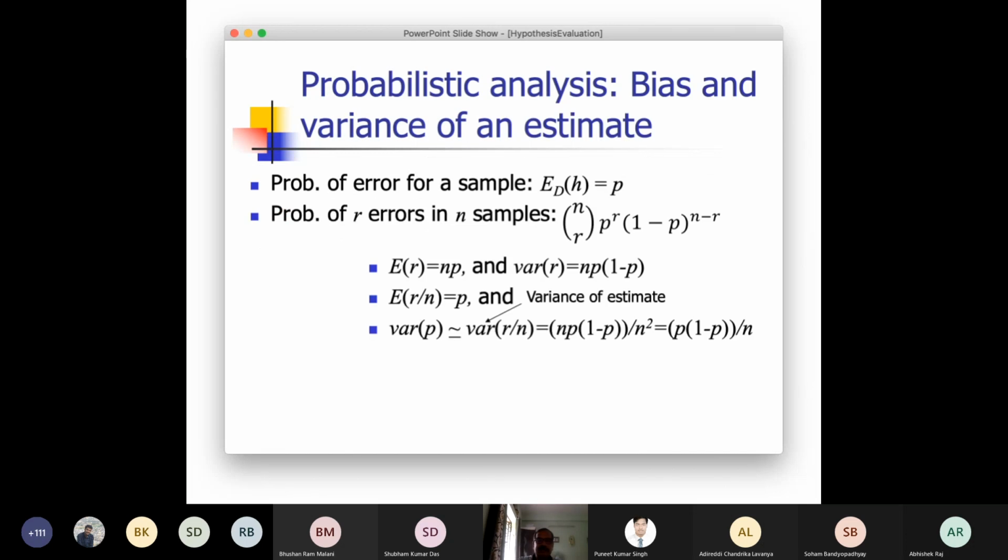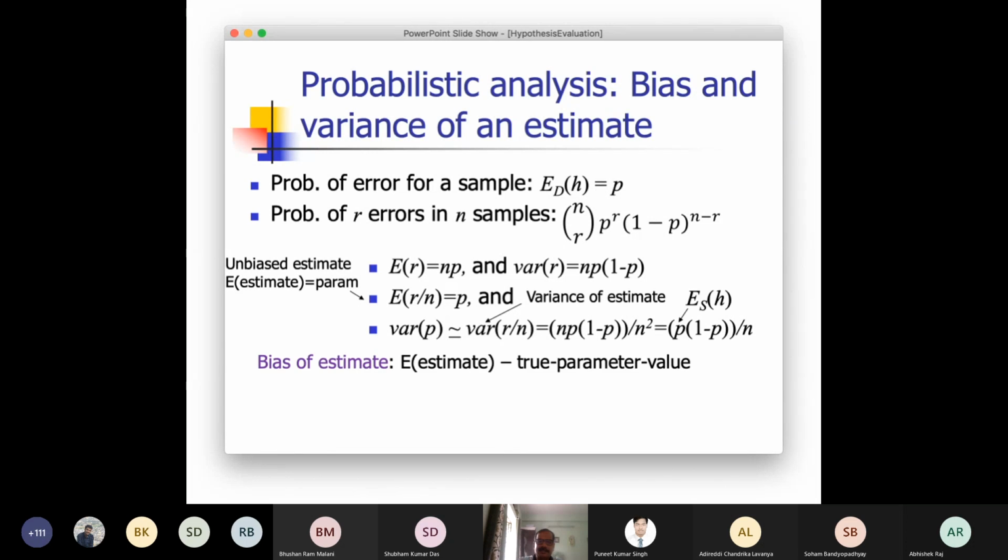So you get this, the variance of the estimate, as I mentioned. I mentioned already that this estimate is unbiased. The bias of the estimate is the expectation of the estimate minus the true parameter value. In this case, it is unbiased because both are the same.